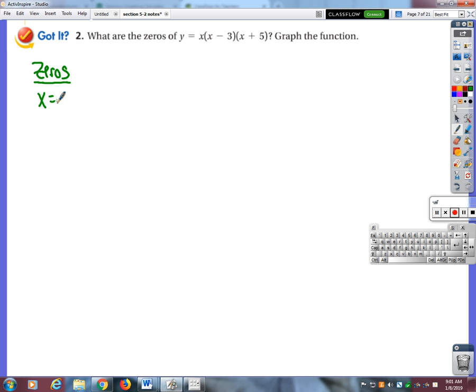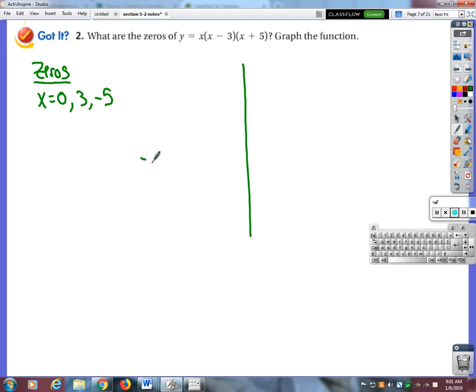Yeah, 0. Okay. What value of x makes this stuff 0? +3. Awesome. And what value of x makes this 0? -5. Okay, so those are the zeros of the function.